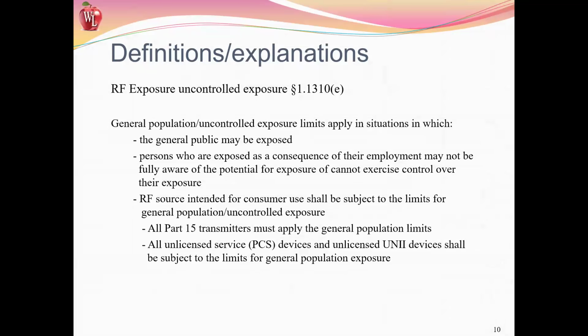RF sources intended for consumer use need to use the limits for general population or uncontrolled exposure because they don't know where it's going to be. So all Part 15 transmitters have to apply the general population limits, because unlicensed devices can go just about anywhere they want. And the PCS and UNI devices are subject to the limits of general population as well.